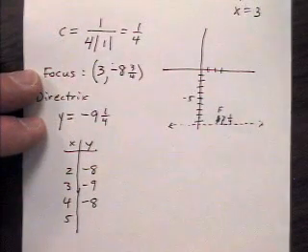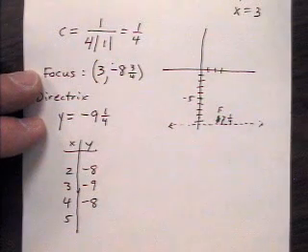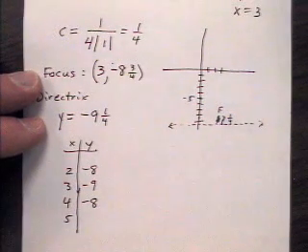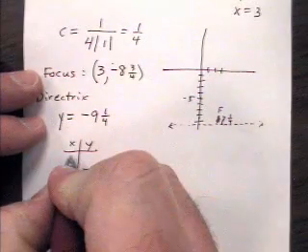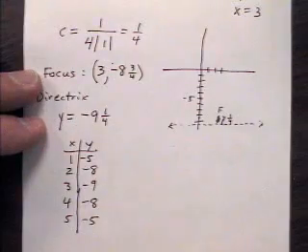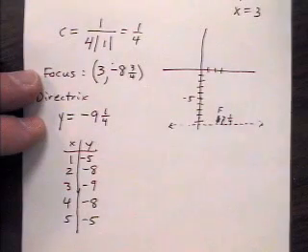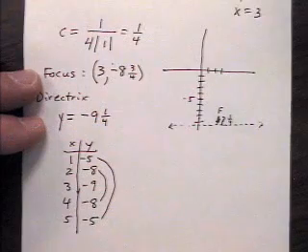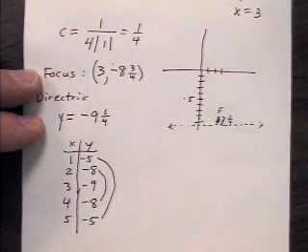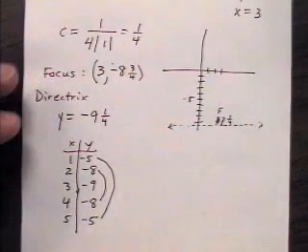If I plug in a 5, 5 minus 3 is 2, 2 squared is 4, 4 minus 9 is negative 5. We also know that positive 1 will also give me negative 5. It's that whole symmetry of the graph issue where you have matching values on either side of the axis of symmetry.